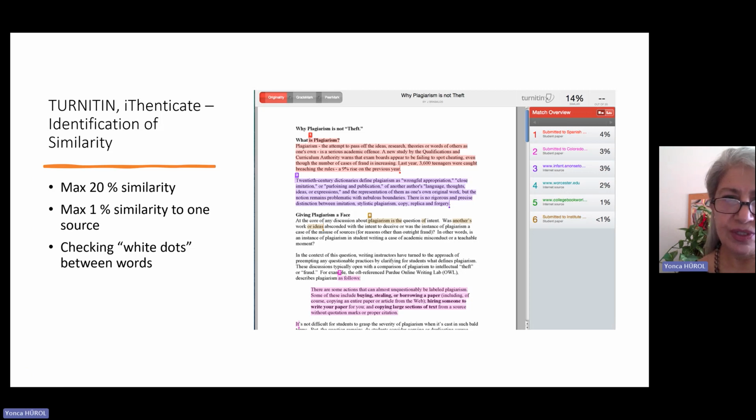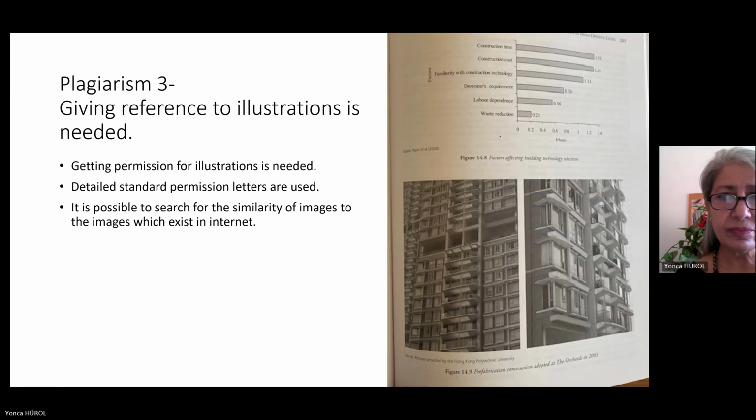In our university, a maximum of 20% similarity is allowable, but with one source, we can have a maximum of 1% similarity. Of course, sometimes people put white dots between the words so that this program cannot catch the similarity. But these are all known things now, so you should be informed about this as well.